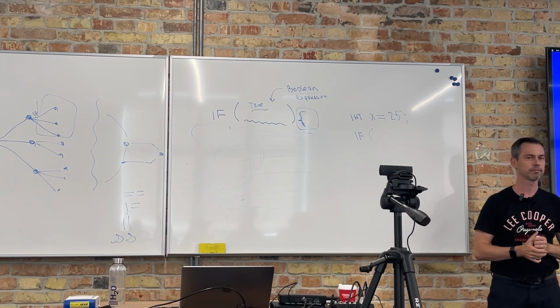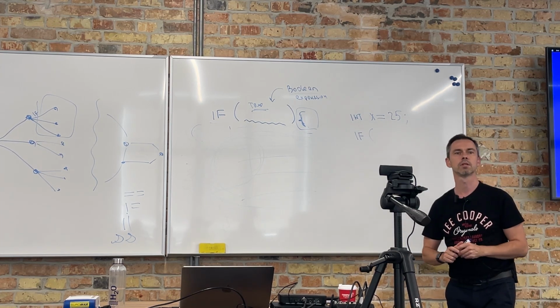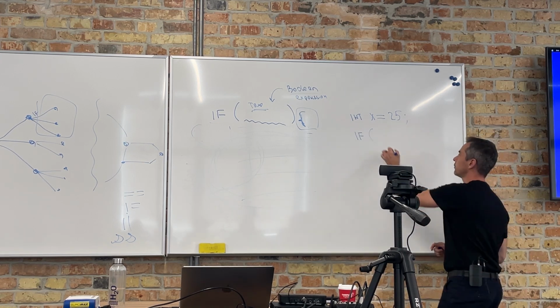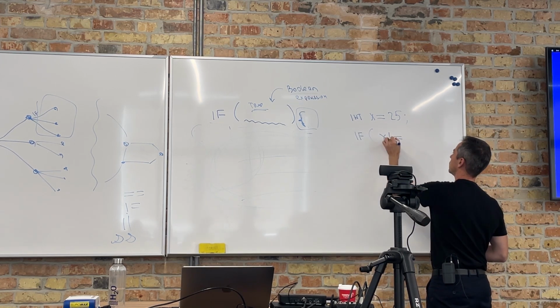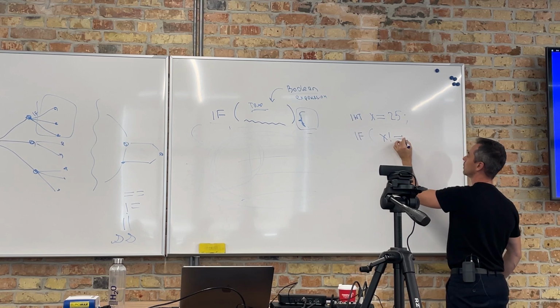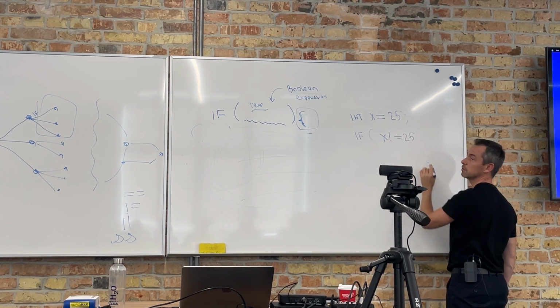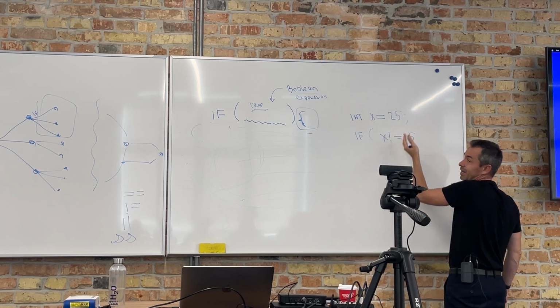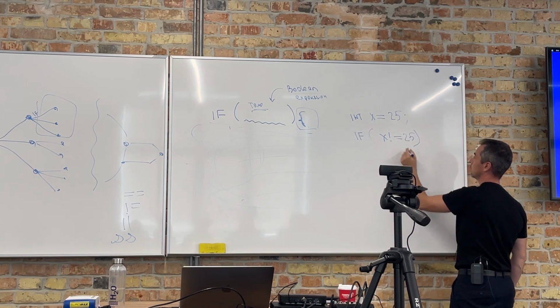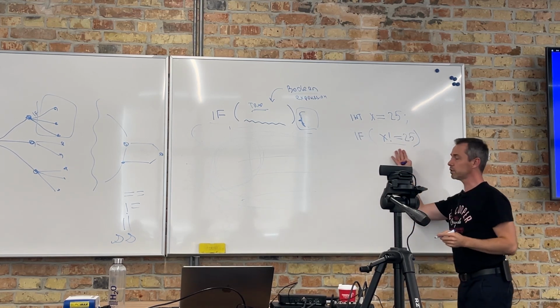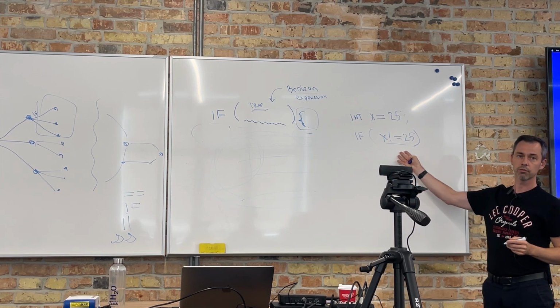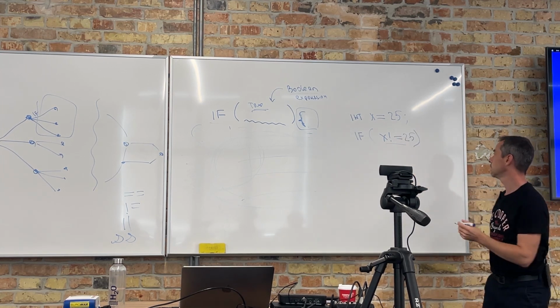Propose me something. If x doesn't equal, not equal 25, or something else, or no. Okay? So what result of this expression? False, because it is equal. Okay.